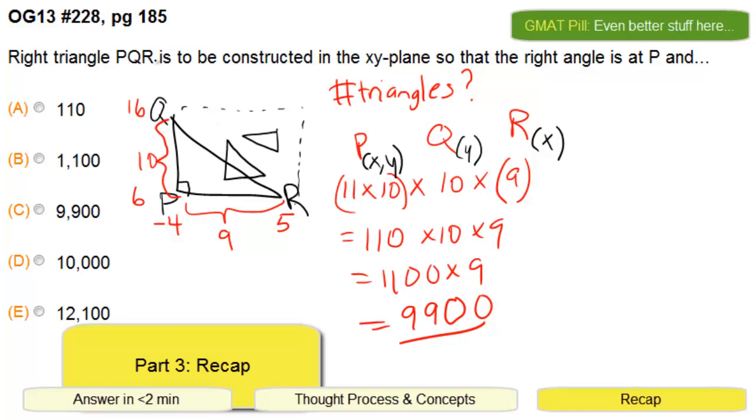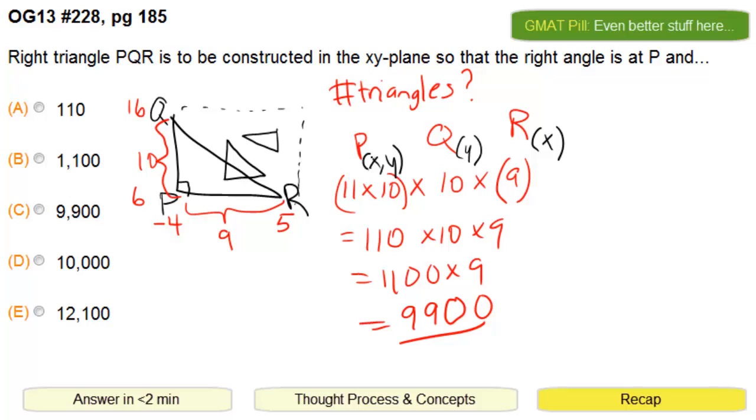So as a recap, this is a coordinate geometry question. You have a right triangle. You have to draw it correctly with the right angle at P, and then PR you have to know is horizontal. So that leaves Q to be up on top or wherever else you put it. And then you're given these coordinates, so you have to fit these triangles within this box, and to figure out how many different kinds of triangles, you have to figure out how many different ways you can arrange these 3 points of the triangle within this grid.